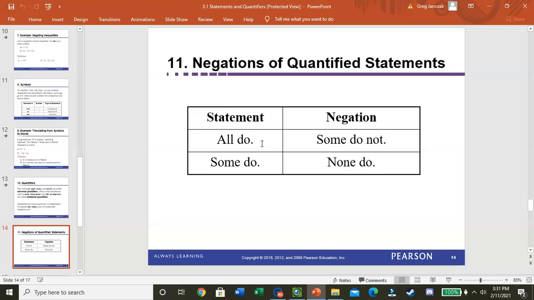None do. So you're going from not absolute to absolute, some to none, whereas before you're going from absolute, all, to some. So you're either going all or none, all or some or none. So it's always an absolute. The negation is not an absolute.